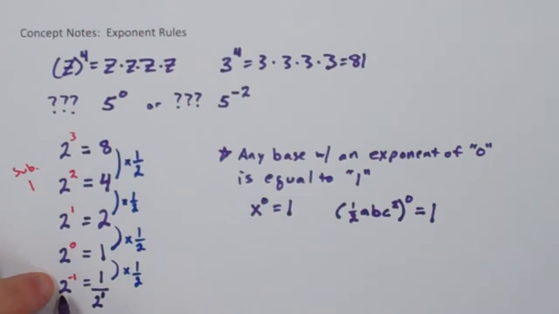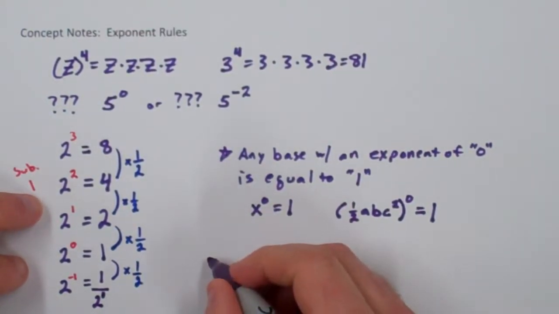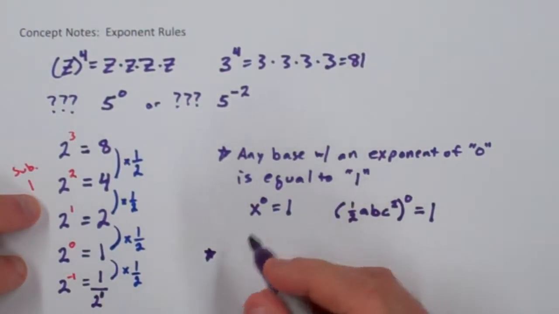It looks like the base stays the same, but we move this to the bottom, or the denominator, of the fraction and the exponent becomes positive. That is another rule that you're going to want to remember.